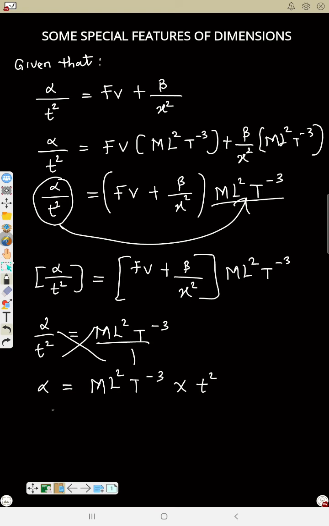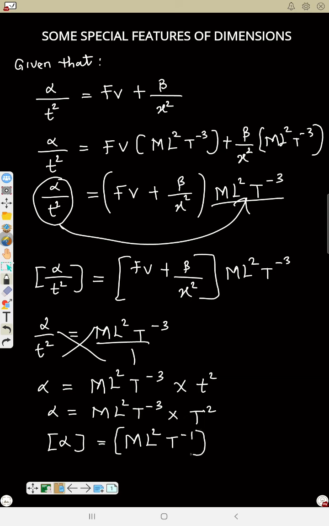Now t is time, which is also given. So this will be ml square t raised to power minus 3 times t square, because the dimension of time is t. So we now have the dimension of alpha equal to ml square t raised to power minus 3 plus 2, that will be minus 1. So we have t raised to power minus 3 times t raised to power 2.